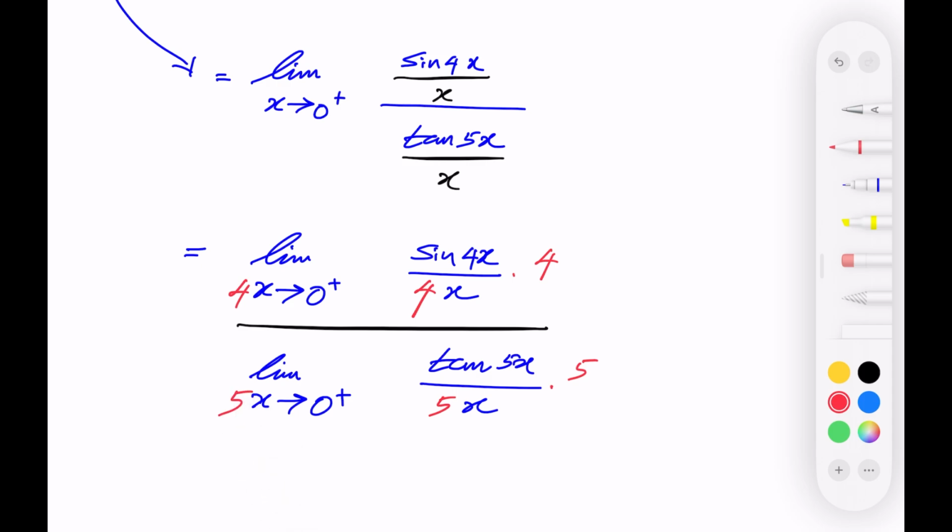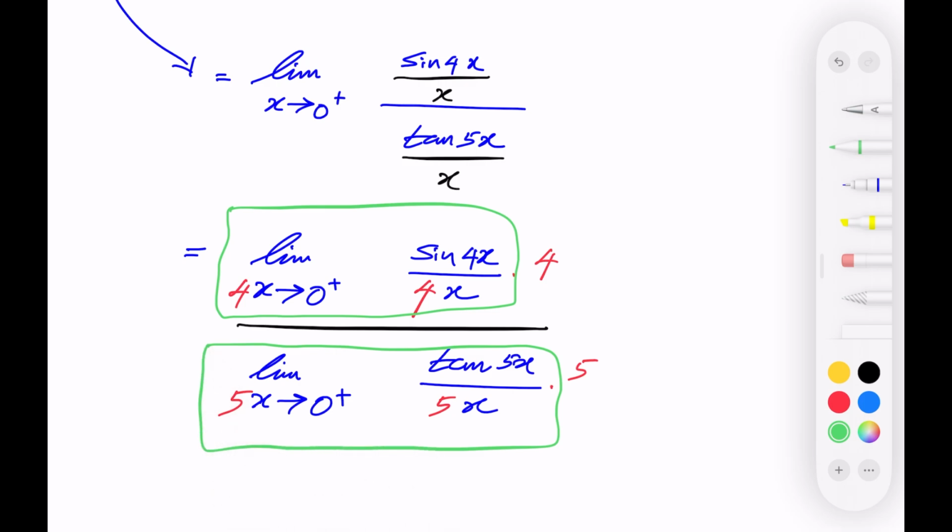Now, we have a situation where our theorems can be quite easily applied for this part and for this part right here. As you can see, these three places have the exact same figure and that 4x is approaching 0, which means the numerator term right here should be equal to 1.